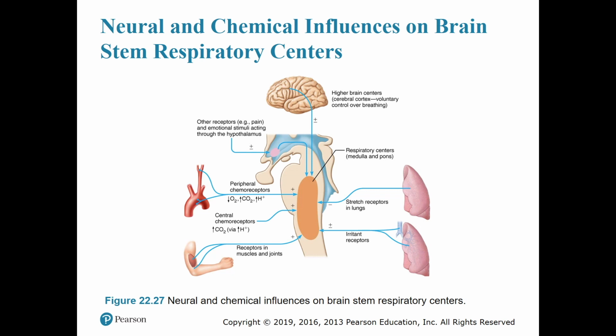Irritant receptors and receptors in the muscles and joints. Central chemoreceptors respond to high CO2 levels via a decrease in the pH or an increase in the H+, and also peripheral chemoreceptors that are located in the aortic arch and the carotid arteries respond to a decrease in oxygen, increase in CO2, and an increase in H+ levels. Other receptors like pain and emotional stimuli act through the hypothalamus of the brain.